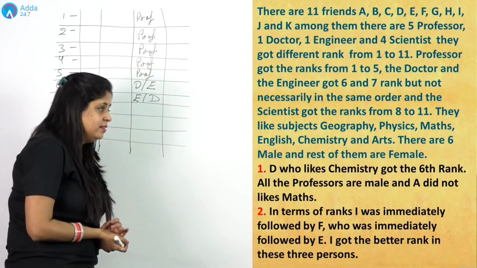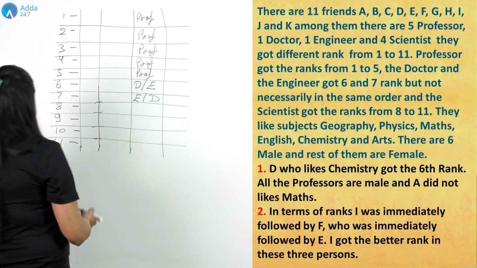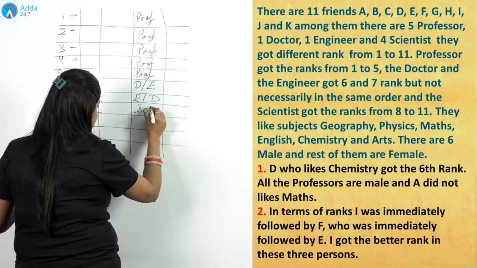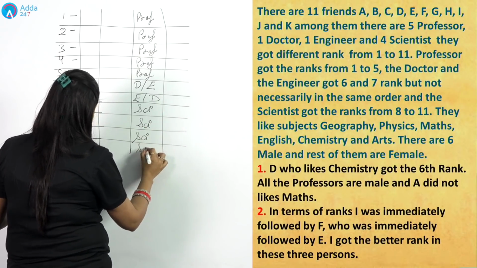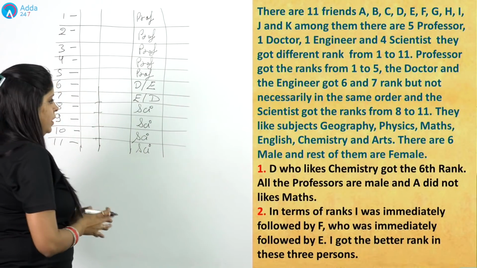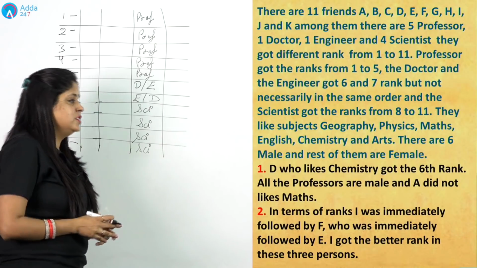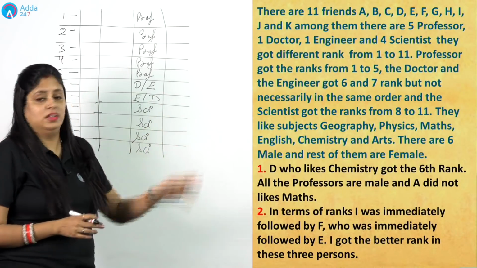What does it say? The next one says scientists got the rank from 8 to 11. So scientist, 8, 9, 10, and 11th rank also. Scientist means there are 4 scientists. Fine, we are done with this. There are 6 male and the rest of them are female. Okay, and they prefer different subjects also.